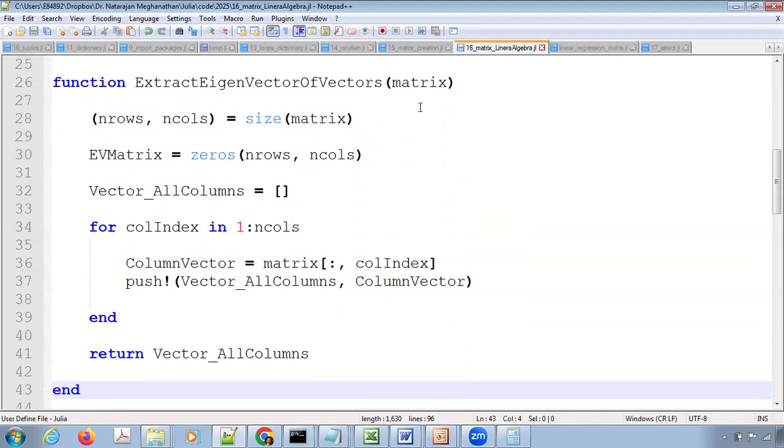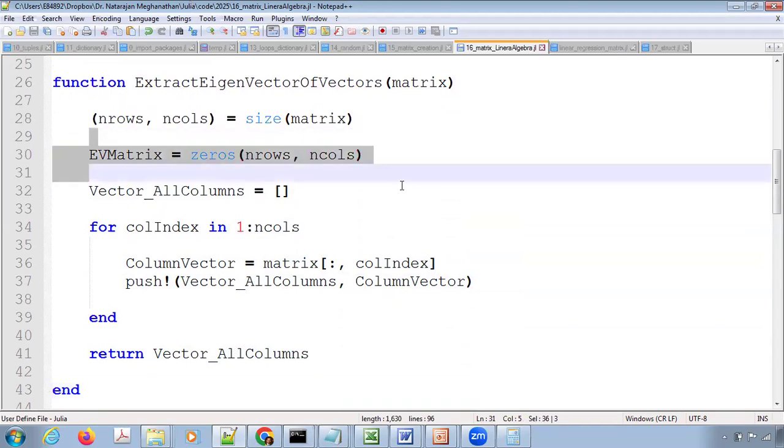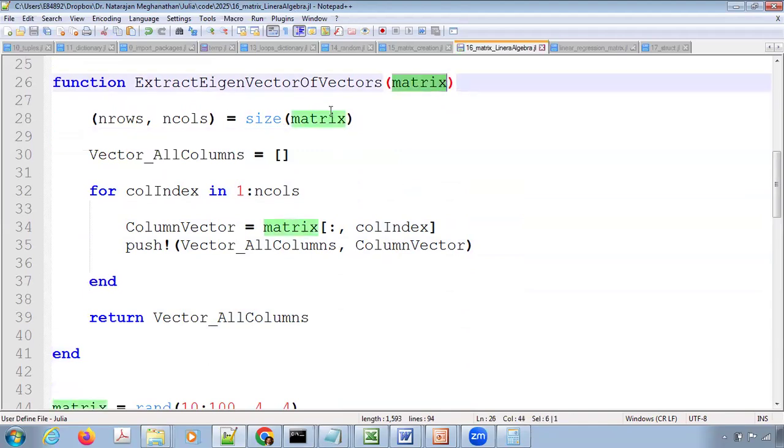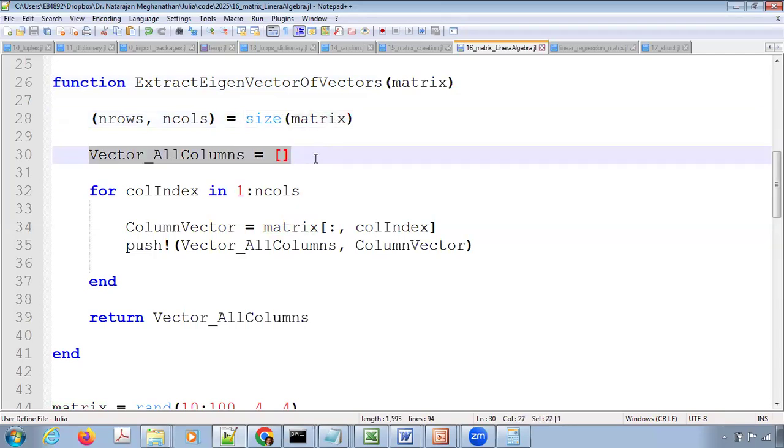All right. So I pass the matrix as argument to this function, and I get the size of this matrix, which returns the number of rows and columns. So I create a kind of an initial vector, it's going to be a vector of vectors.